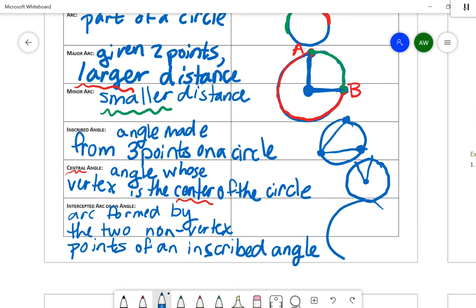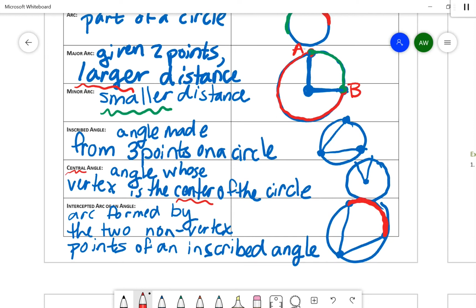So if I have an inscribed angle, right? So I have 3 points that are on my circle that are making my angle. The intercepted arc is this portion of my circle. Right? That's the intercepted arc.